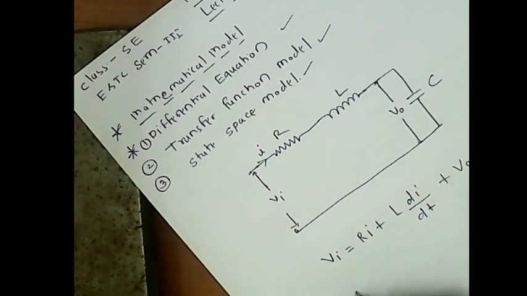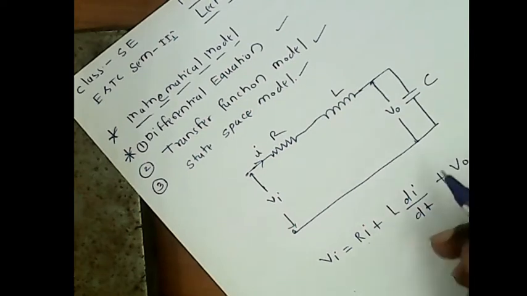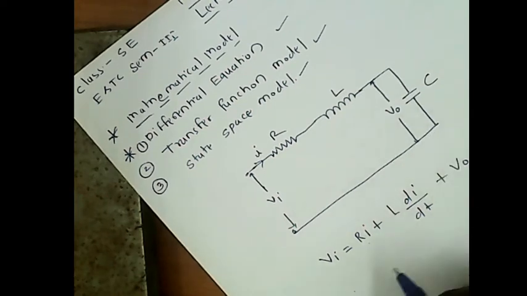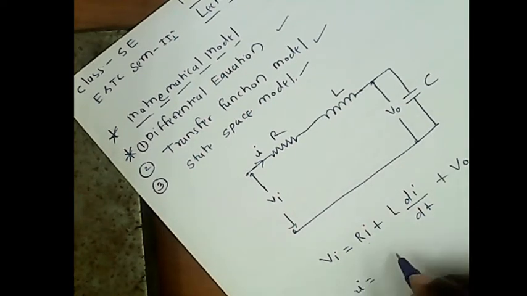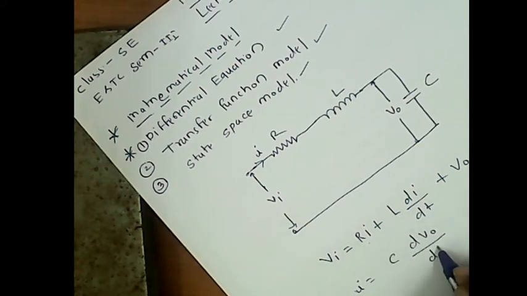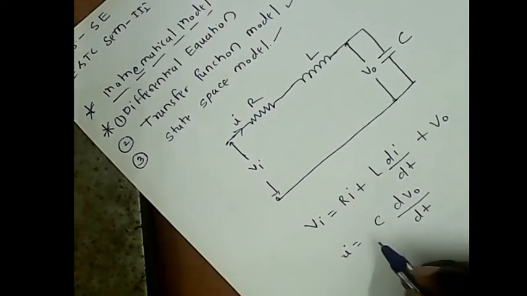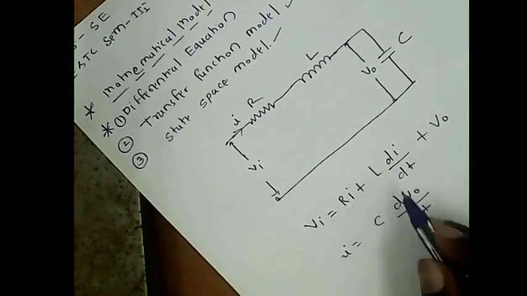So we write down this current in terms of the capacitor. So I equal to C dV0 upon dt. We can put this I value into the corresponding equation.